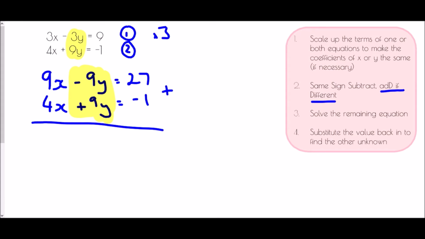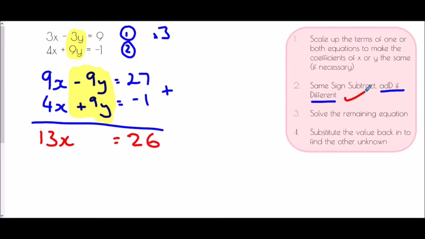If I add them together, 9x plus 4x is 13x. The negative 9y plus 9y, well, they eliminate each other. And 27 plus -1. We've just got to be careful there. That is adding a negative, so it's the same as taking away. So it's 13x equals 26.